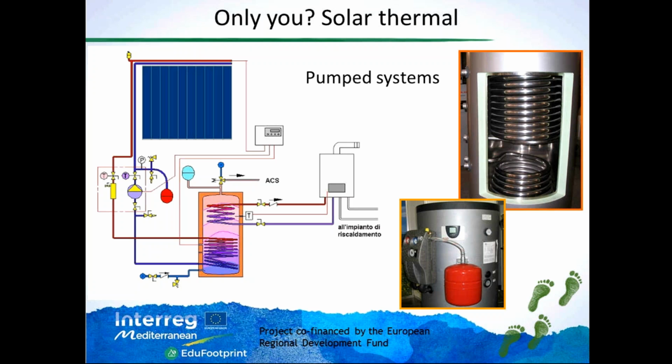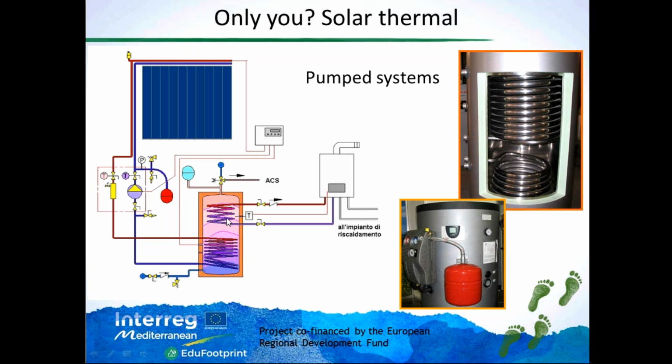So in this scheme, you see the conventional gas boiler, for instance. Then you see the solar plant, the solar panels here up on the left. And then, okay, the scheme is quite complicated, but you don't have to look at the whole scheme. You just have to look at the storage.